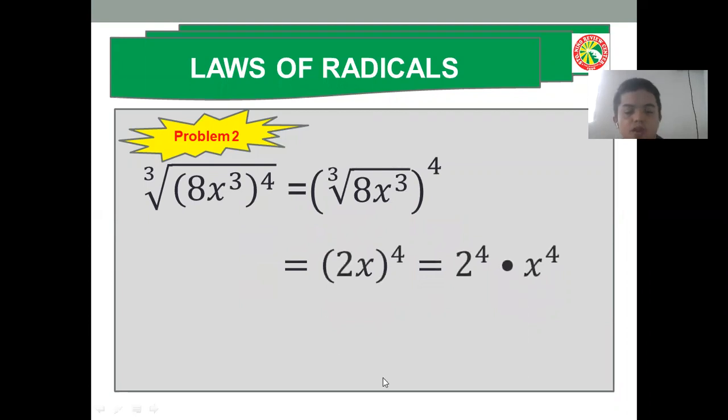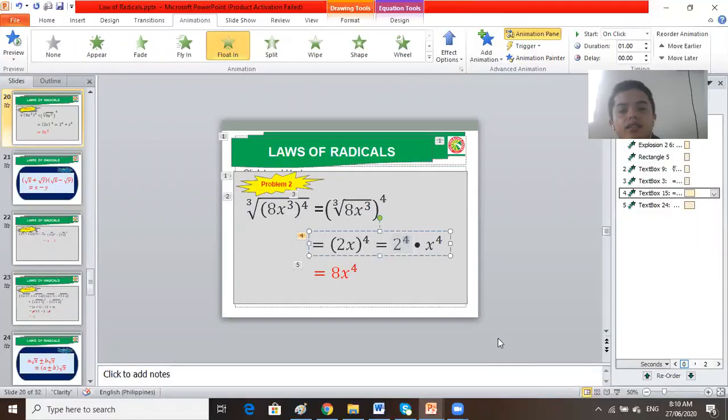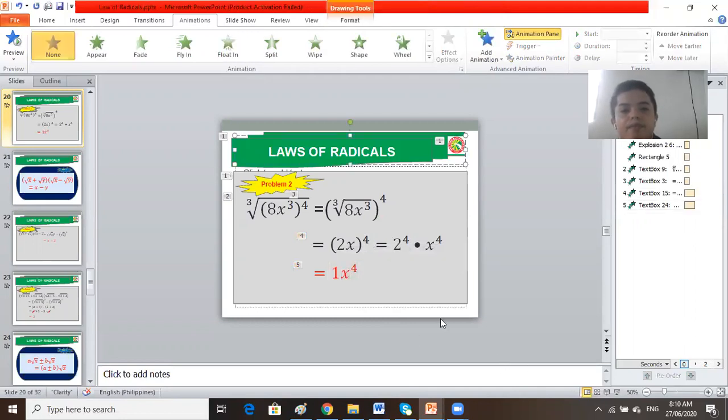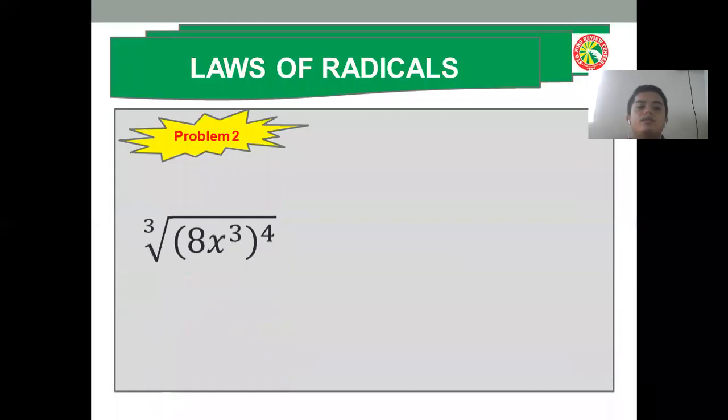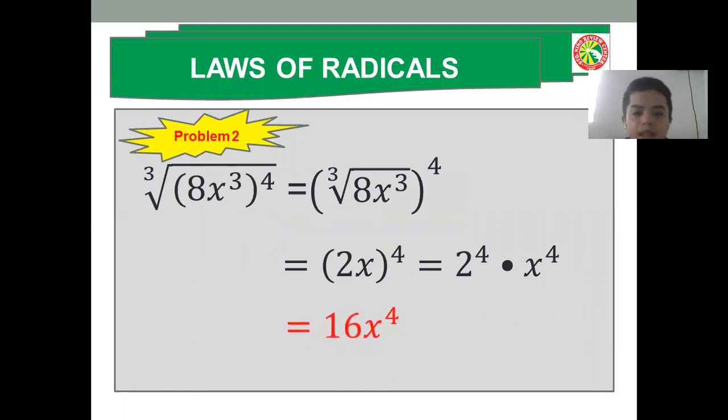So 2 to the 4 is 16, and x to the 4 you copy, so 16x raised to 4.